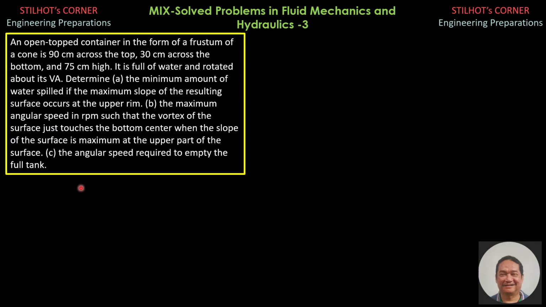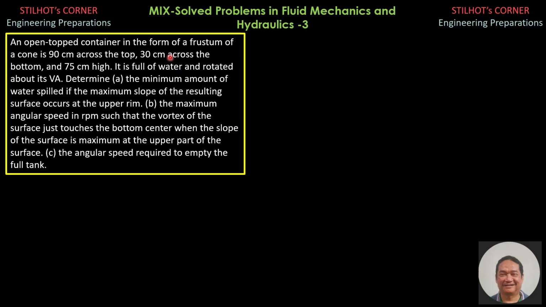Now, for the concept and the derivation of formulas for the shortcut, you proceed with the video preceding this. There you can find, for right circular cones as container, the explanations and derivations of formulas.